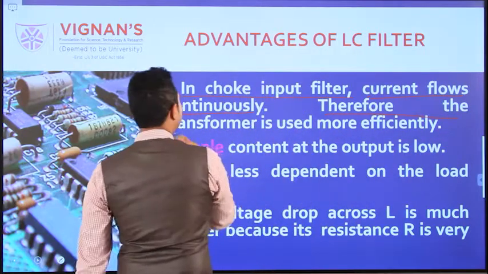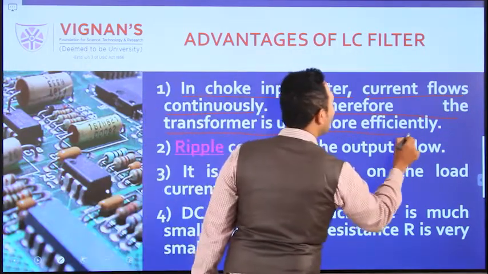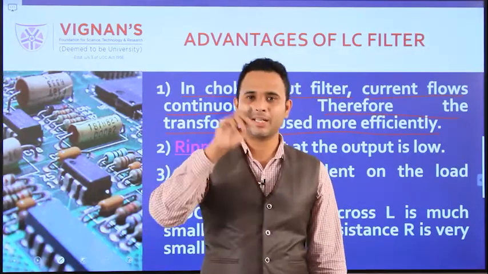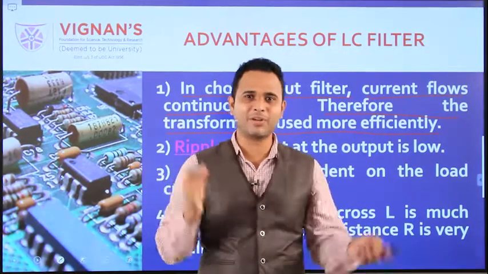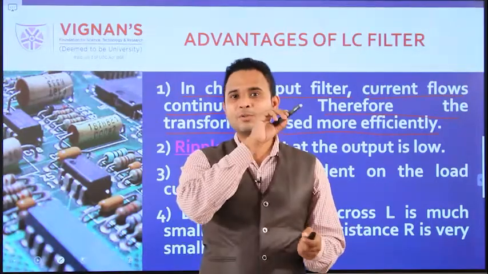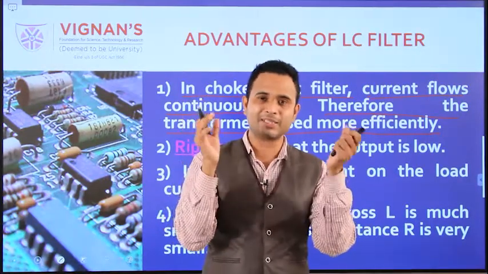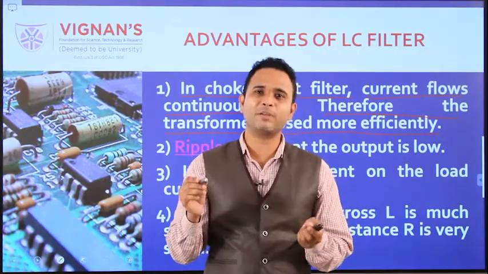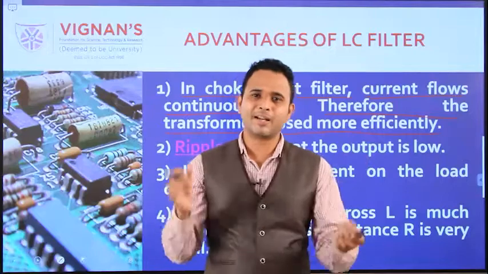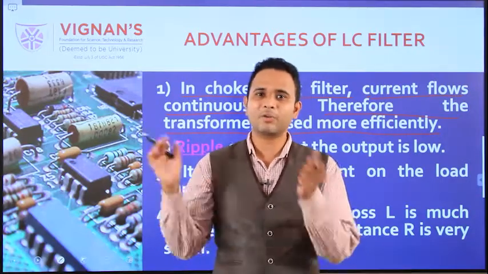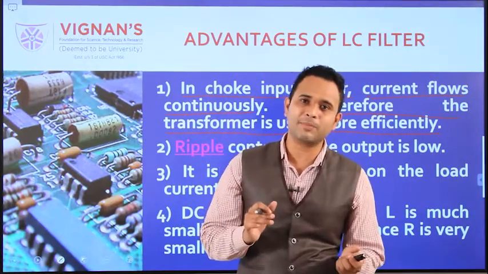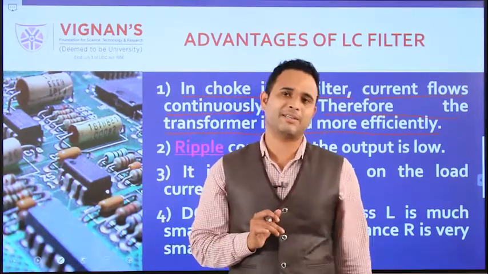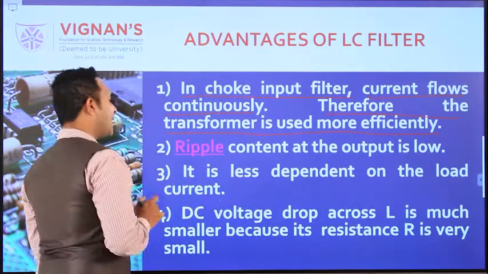Therefore, the transformer is used more efficiently. But with a capacitor, it charges and discharges, so the transformer is not utilized continuously. With the inductor in series, current flows continuously, so we can utilize the transformer continuously, and the TUF, transformer utilization factor, also increases. This is one of the advantages.